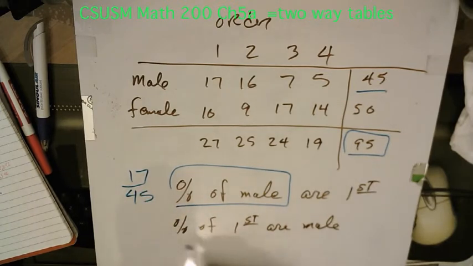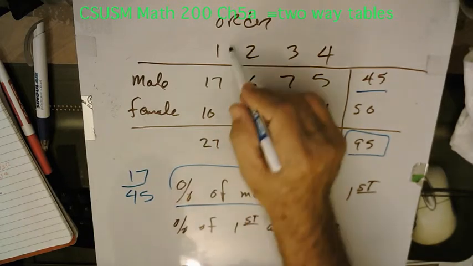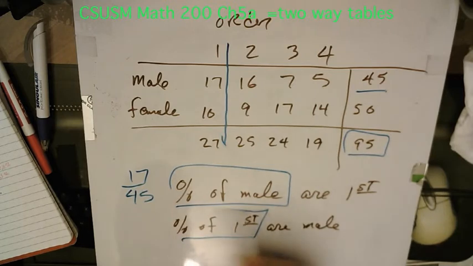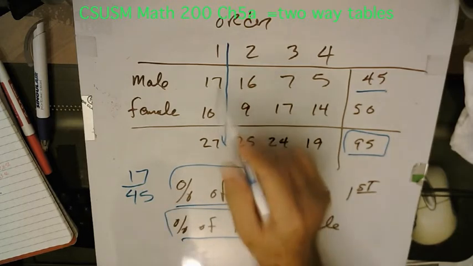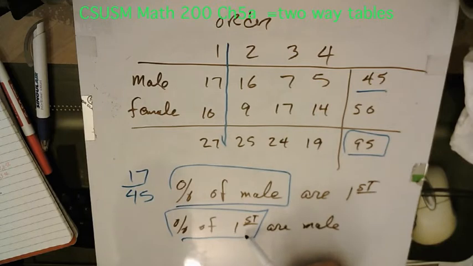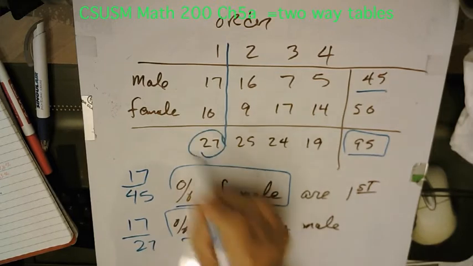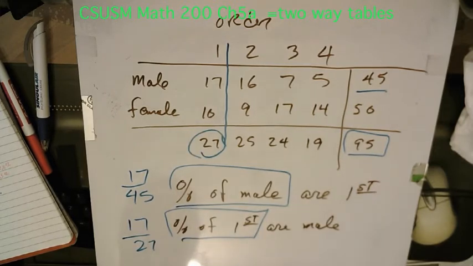The second question is, what percent of the first eggs are male? So in this case, our given is the first egg, and we're going to find out, given that it is the first egg, what percent are male. So in this case, it will be 17 out of 27, where this total is 27 that we're using for that one.